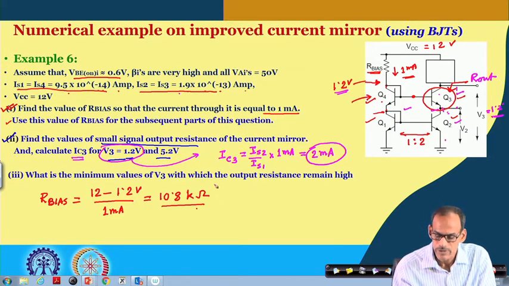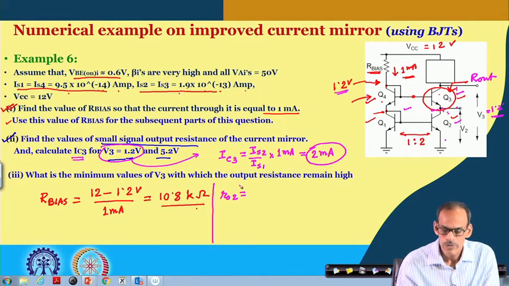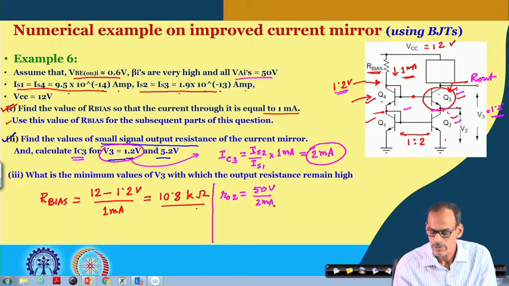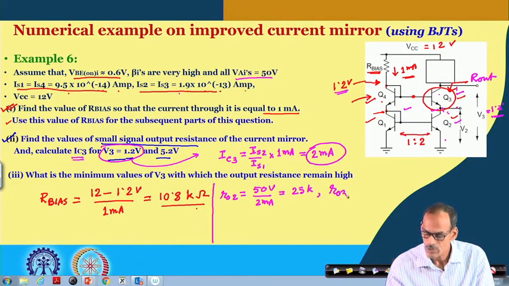So, to calculate, let us consider RO2. This equals the Early voltage 50 divided by 2 milliampere. So, that gives us 25 k. In fact, this is true for RO3 also. So, that is equal to 25 k.